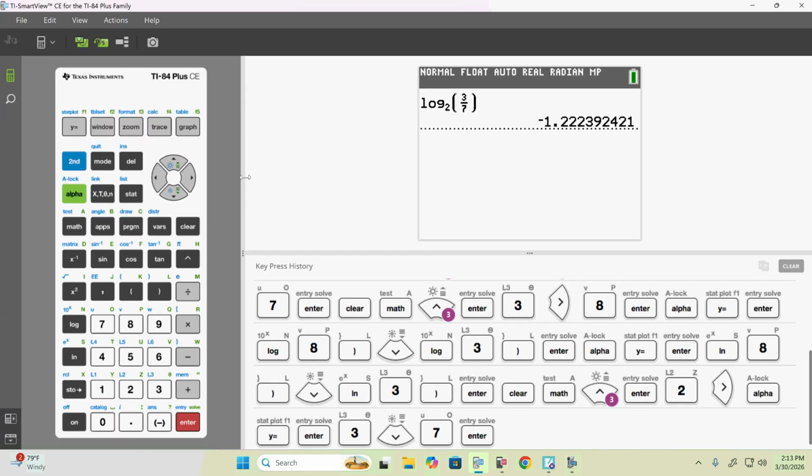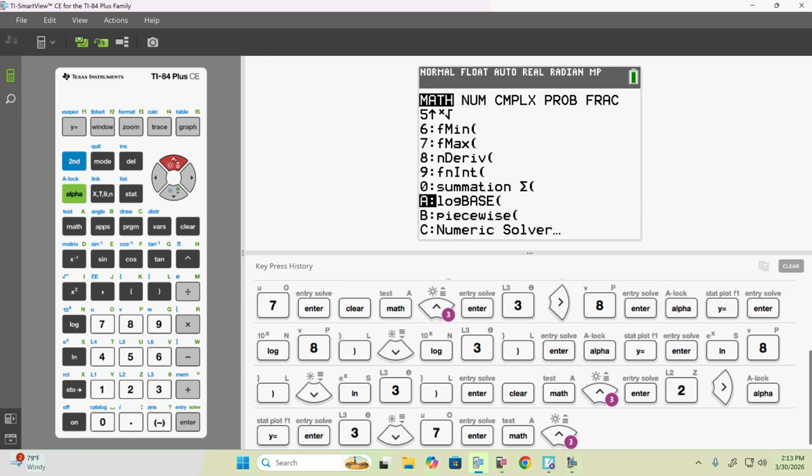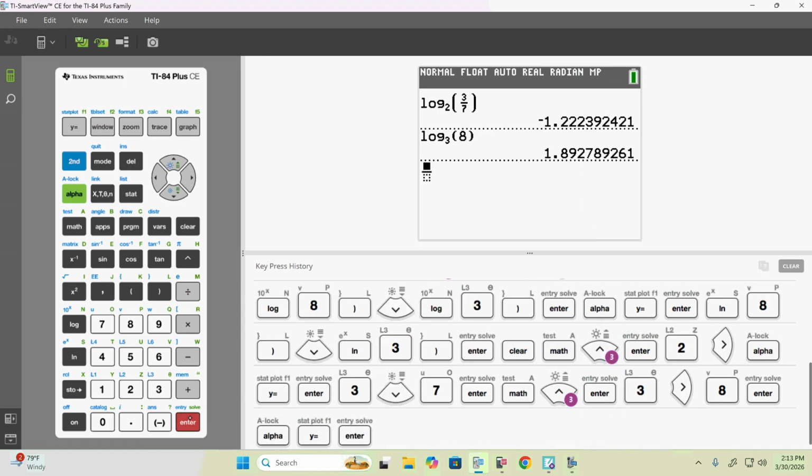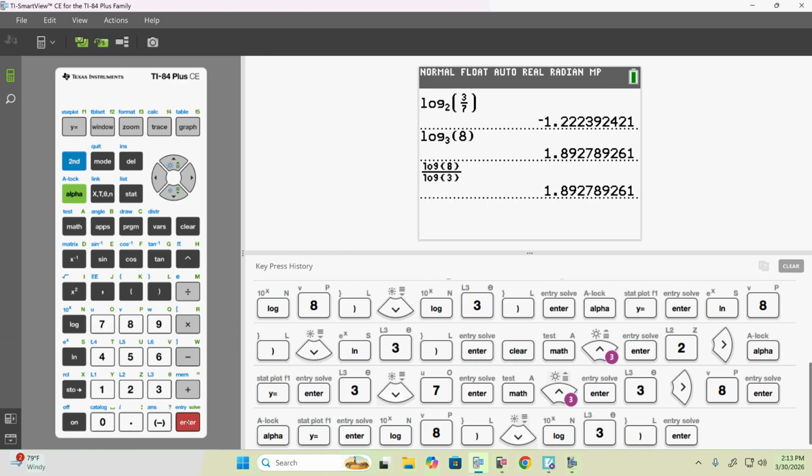I grab the graphing calculator, go math, log base 3 of 8, and it tells me it's this here. Alpha y equals enter. Log of 8 over log of 3 is that exact same value.